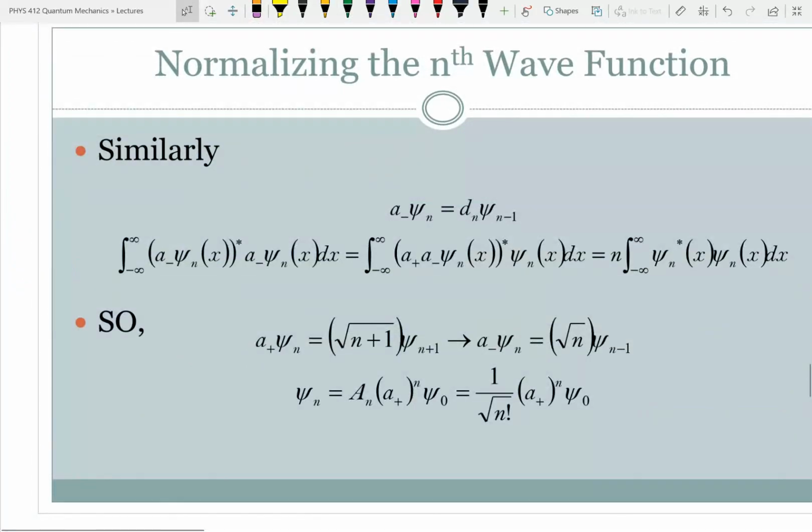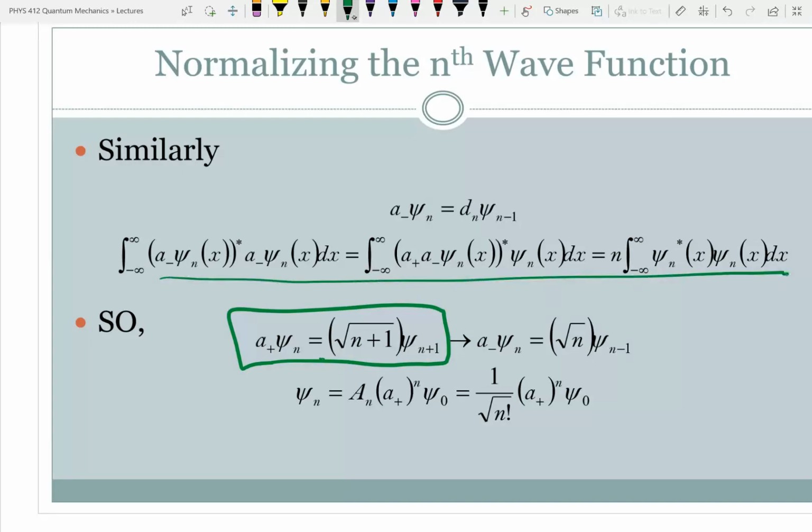So here's the result of the one we just muddled through, that the Cn plus, or Cn is equal to square root of n plus 1. And then this here is doing it with minuses, which gives you A plus A minus, so you have square root n.